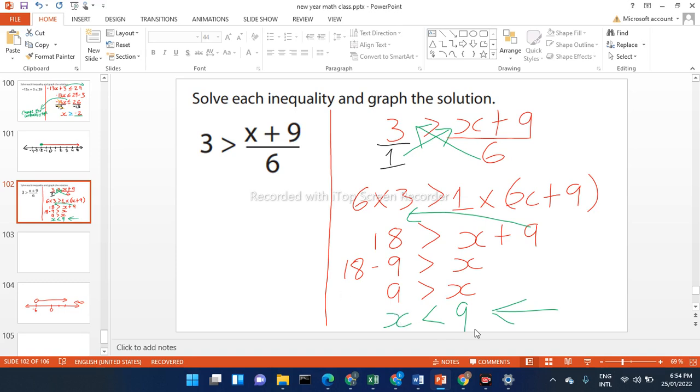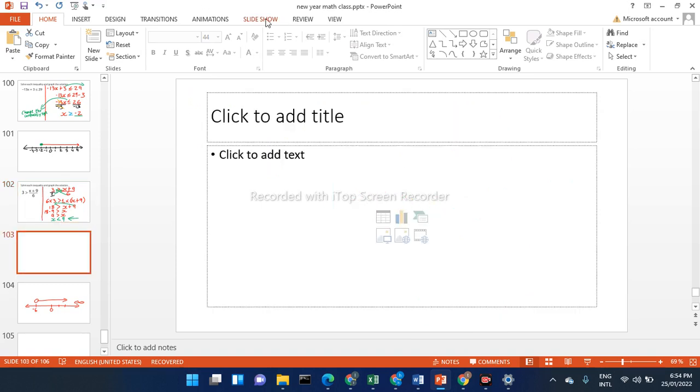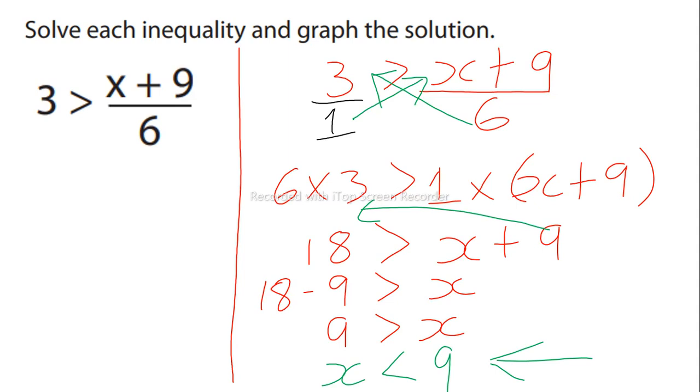So x is going to be less than 9. So let's graph it out. You can mark on the quickness. No problem. 2 seconds. I can move it?